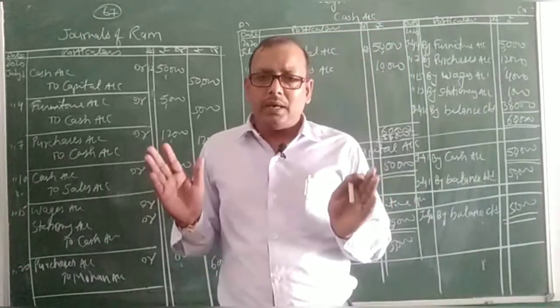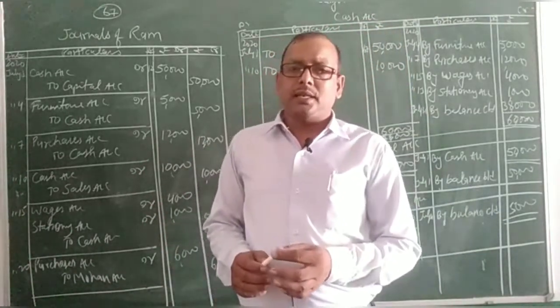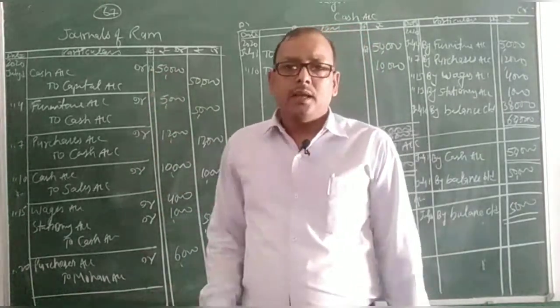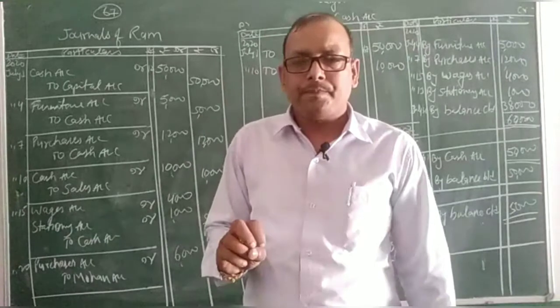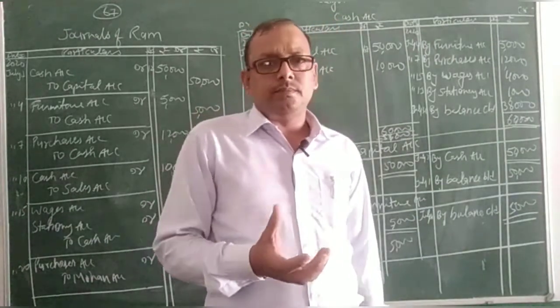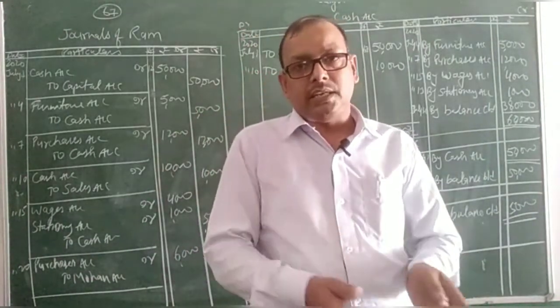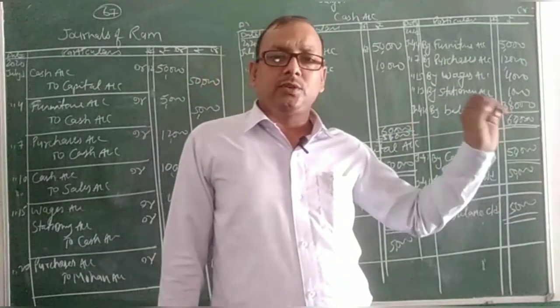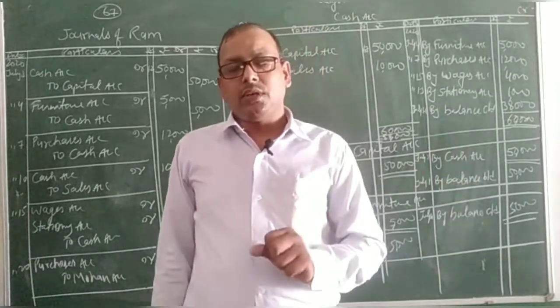I hope that you all have understood how to open ledger accounts from the journal. This is the example only. You can go to your textbook, solve some journal entries first, and from those journals post into ledger accounts and prepare your ledger accounts.